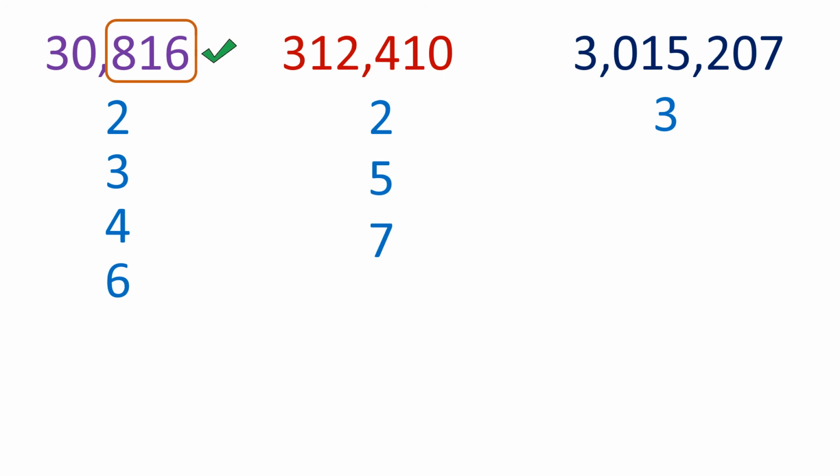That means the whole number 30,816 is also divisible by 8. Now the second number has the last 3 digits 410, and this is not divisible by 8. So the entire number is not divisible by 8. And also the last number ends in 207. So the entire 3,015,207 is not divisible by 8. And so we only have the first number.